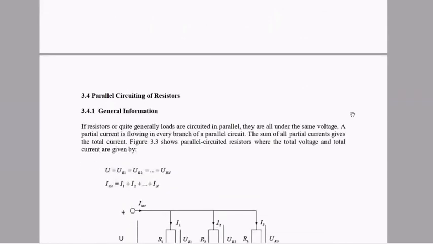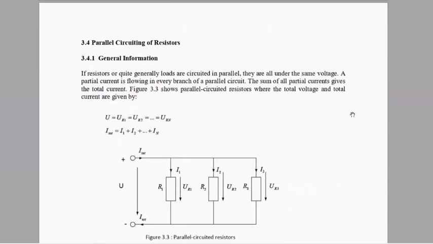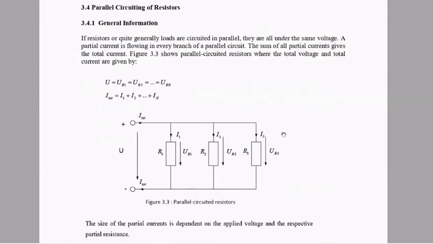Then parallel circuiting of resistors. The general information: if resistors or generally loads are circuited in parallel, they are all under the same voltage. A partial current is flowing in every branch of the parallel circuit. Okay.